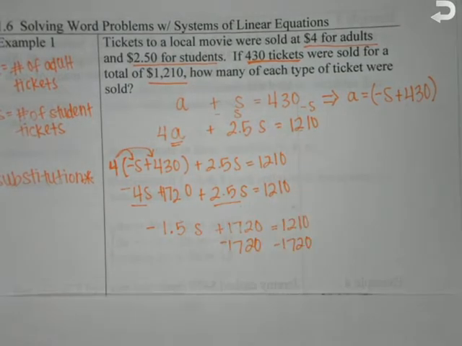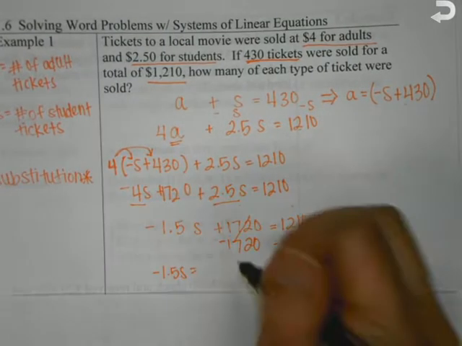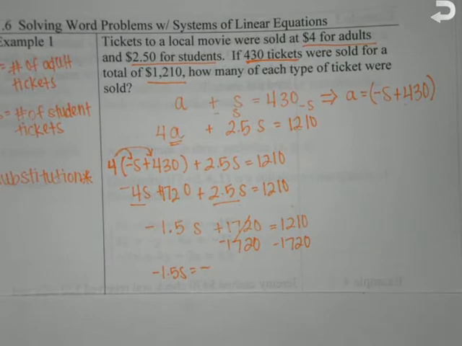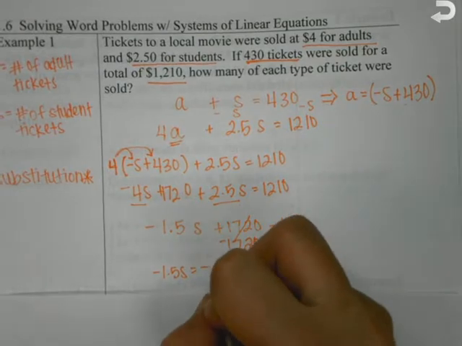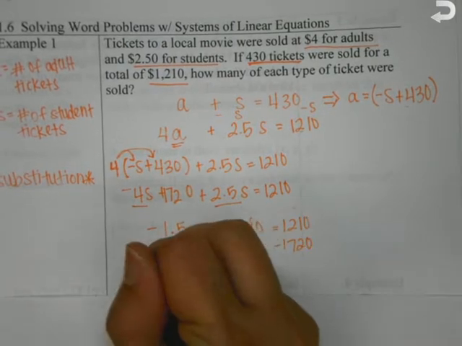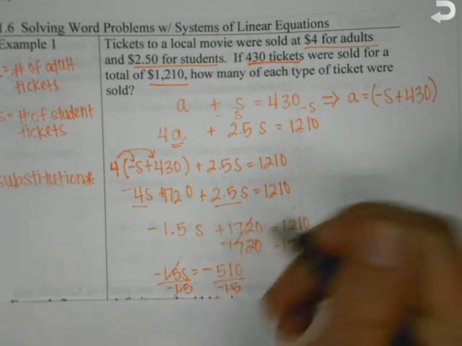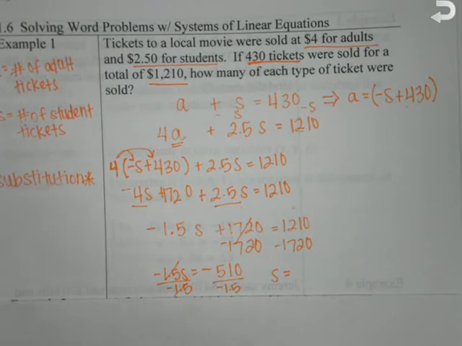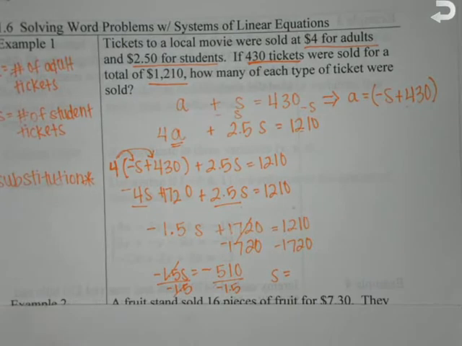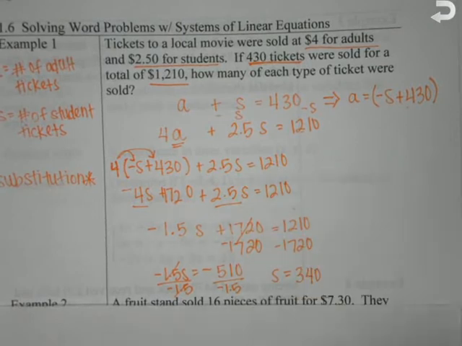So that's negative 1.5S equals negative 510. Divide both sides by negative 1.5. I get S equals, not negative, 340. It should not come out negative. 340 what? Student tickets.